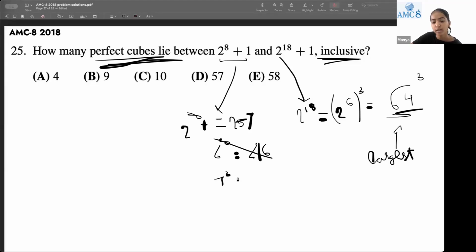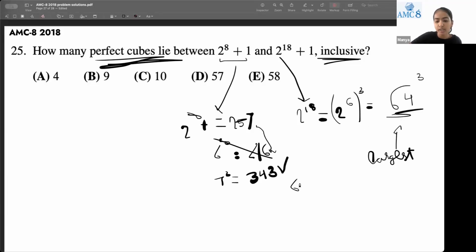Well, 7 cubed is going to be equal to 7 times 7, which is 49, and 49 times 7 is going to be equal to 343. And 343 is perfect. It's the smallest perfect cube that is greater than 257. So the smallest one is going to be 7, and the largest one is going to be 64.